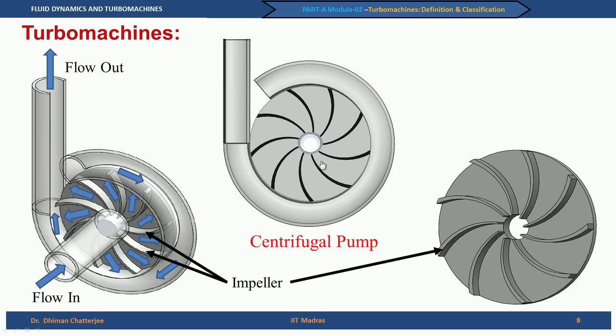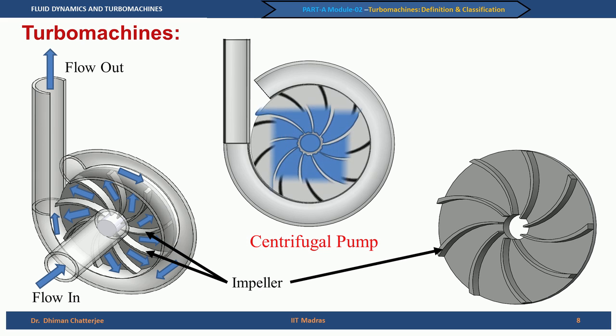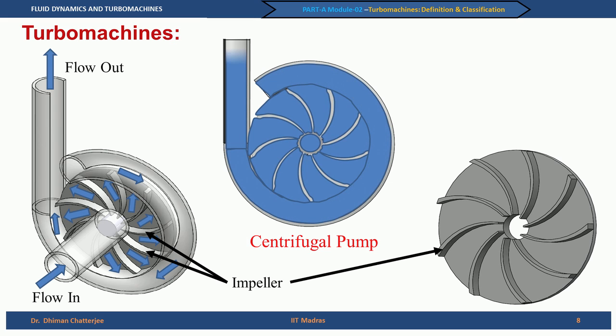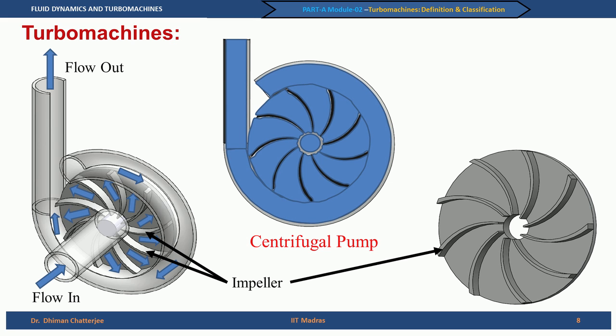So, let us see an animation of how the pump works. Look at the blue color that will fill this passage, which is an indication of water or any fluid that is being taken. As the blade rotates, the flow is admitted and the flow leaves through the delivery side. The heart or the main part of any turbo machine is these blades.